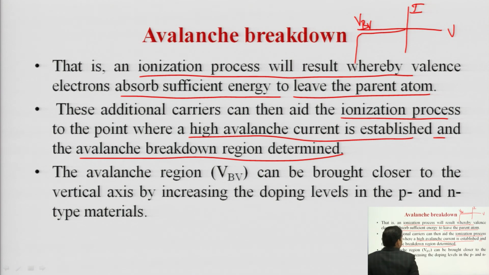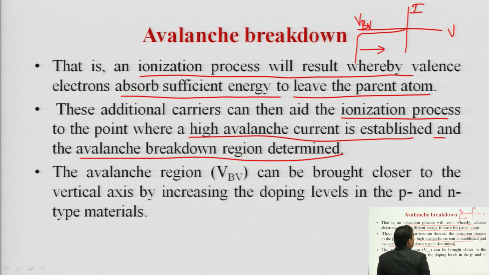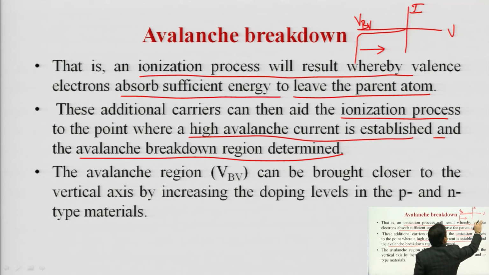So, this avalanche breakdown region can be brought closer to the vertical axis by increasing the doping levels. Means if we increase the doping profile of the p type and n type material, then we will be able to shift this curve towards the right side, towards this side.